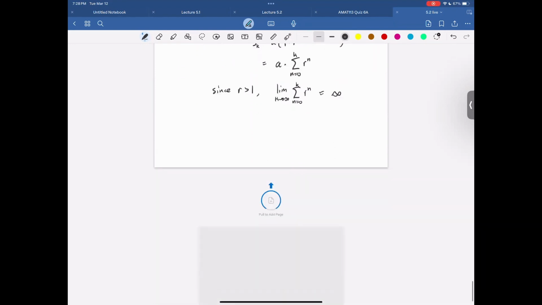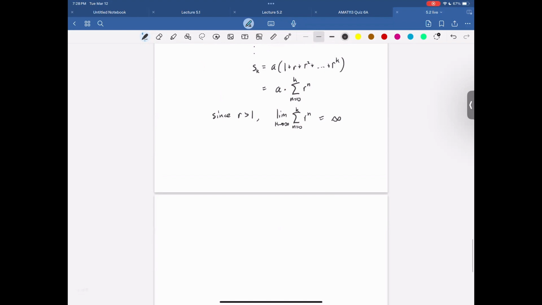And to give you an example, just to get a flavor for what this might look like, we can give ourselves a nice example. Let's say 2 times 5/3 to the n, where n equals 0 to infinity. Now we can move the 2 out, and that'll give us 2 times the sum from n equals 0 to infinity of 5/3 to the n.